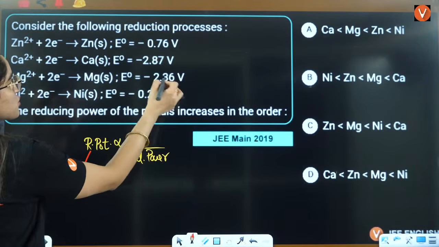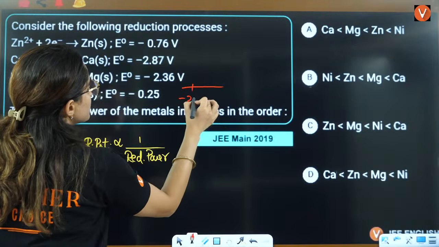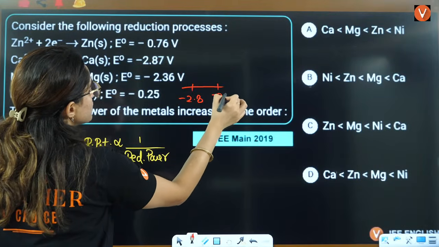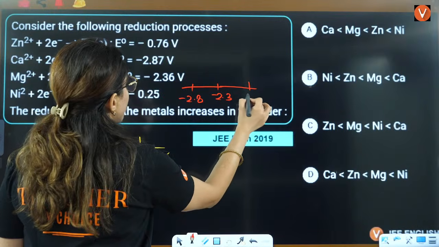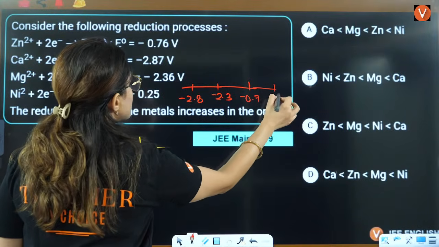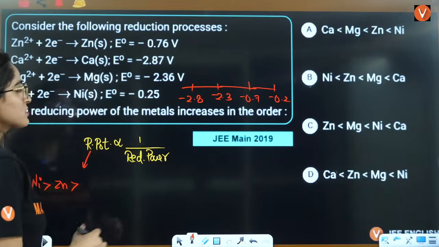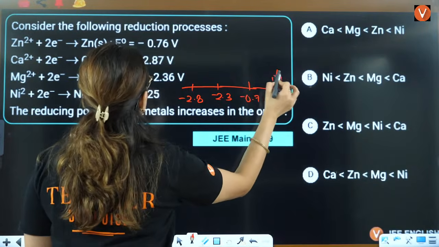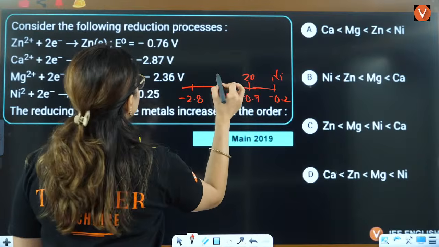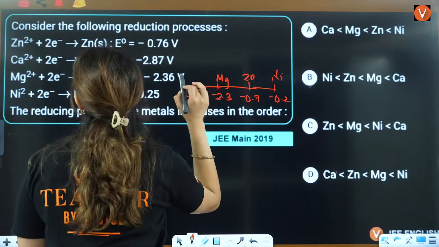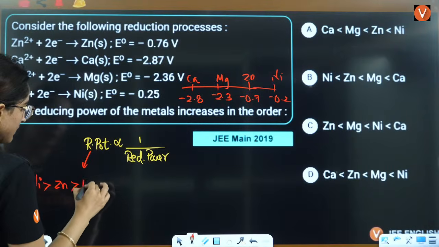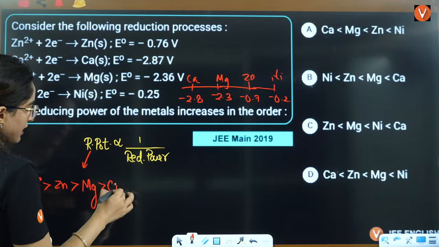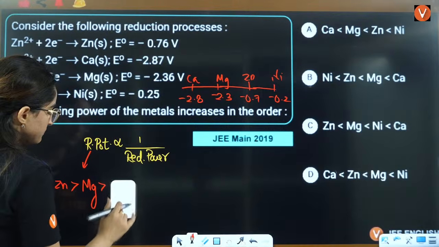This is minus 2.8, this is minus 2.3, this is minus 0.7, this is minus 0.2. So this is nickel, this is zinc, 2.3 is magnesium, and this is calcium. Nickel, zinc, magnesium, and calcium. Okay?